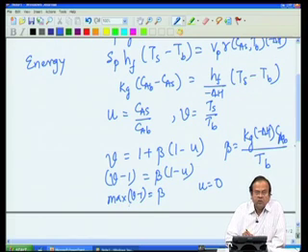And what is V minus 1? Surface temperature minus bulk temperature divided by bulk. So, that is the dimensionless delta T.